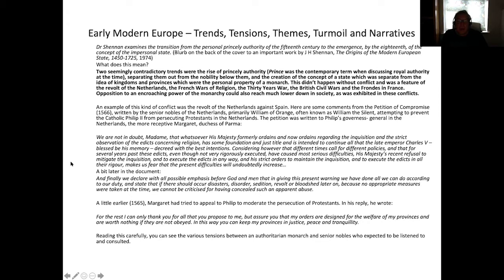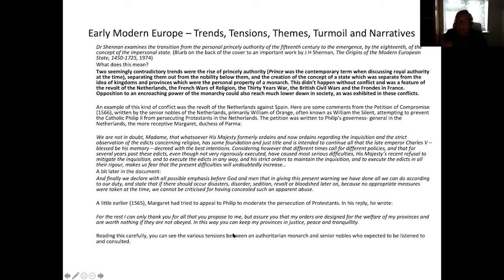I've given you a couple of quotes, the first is from the Petition of Compromise. The Netherlands conflict broke out really because Philip II tried to get rid of Protestantism in the Netherlands, which was nearly impossible, and he tried to increase taxation. And what you've got is examples of nobles protesting about that, and then his reply.